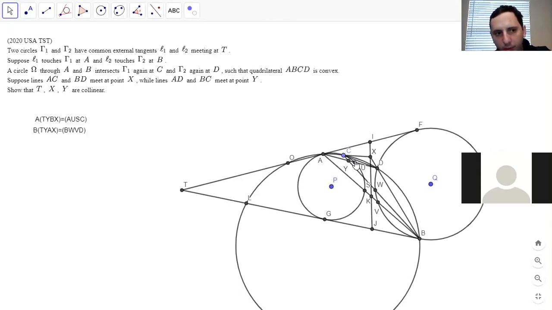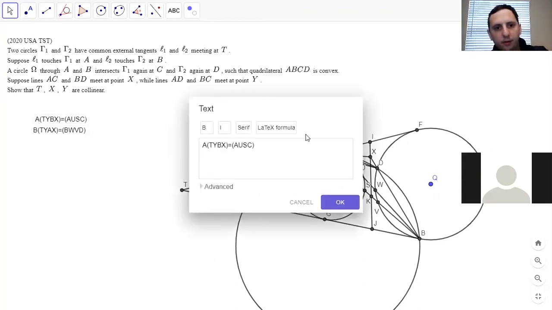So we want to show CU over US divided by CA over AS. Yeah. So UC over US, and then divided by AC over AS. Yeah. That would be times AS over AC. Yes.